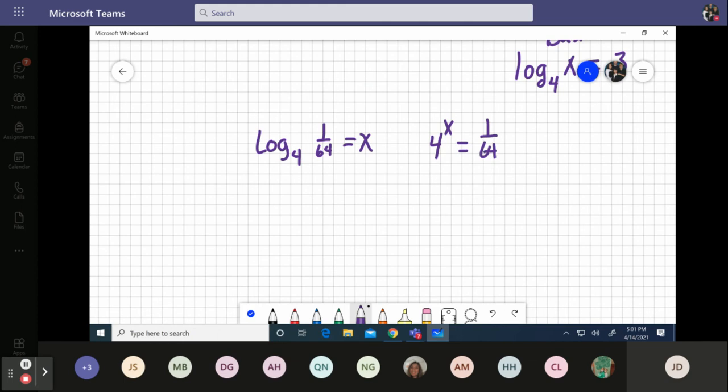Yes? So x is equal to negative 3. Yes? All right. What about 23?